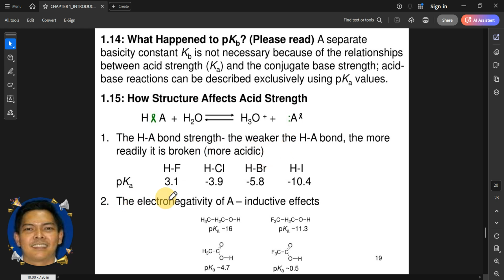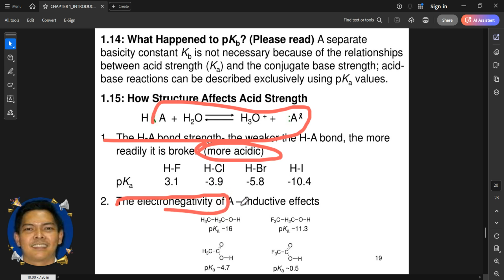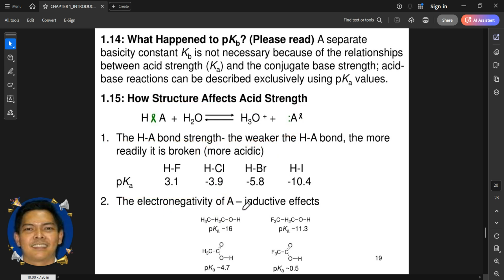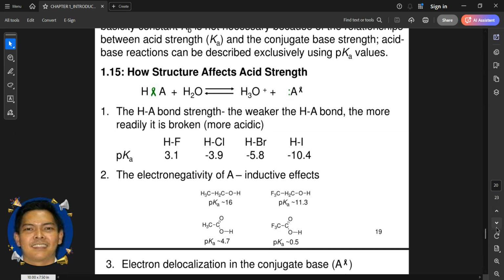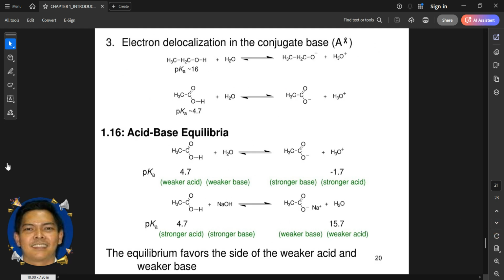The electronegativity of an atom will cause an effect known as the inductive effect. You can see this example of molecules that also have pKa values, to show the type of molecule and their pKa values. Next, electron delocalization in the conjugate base.